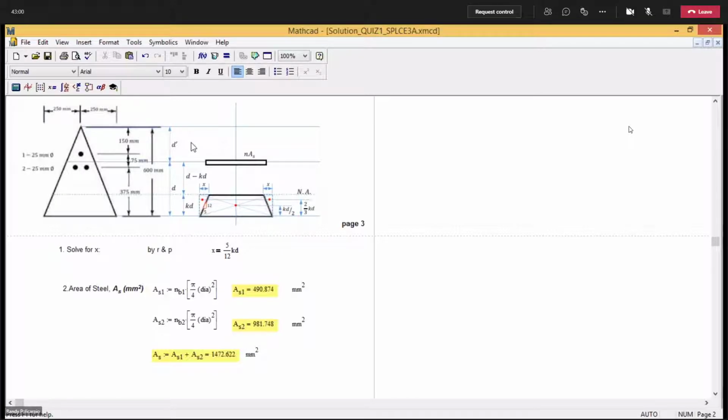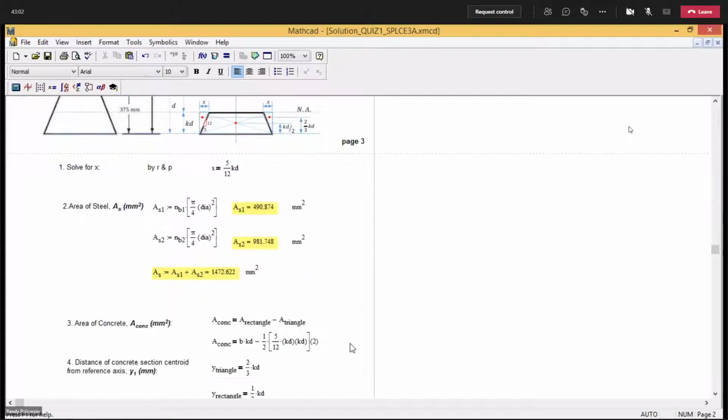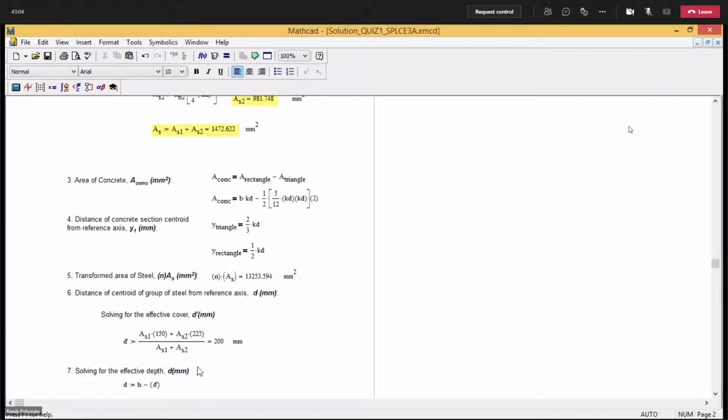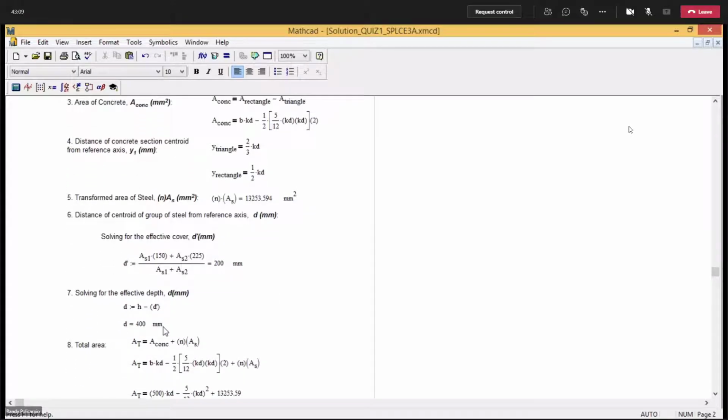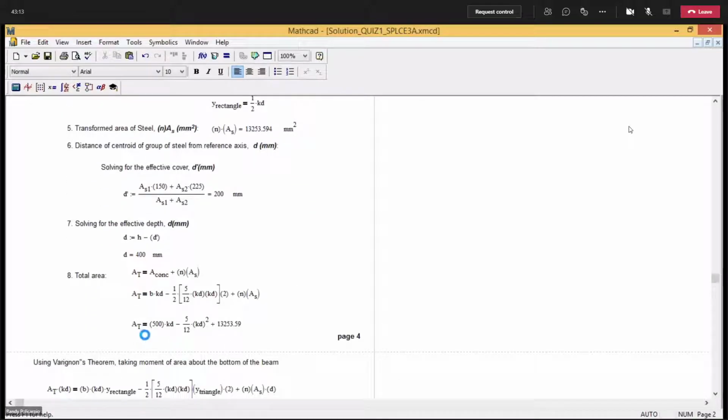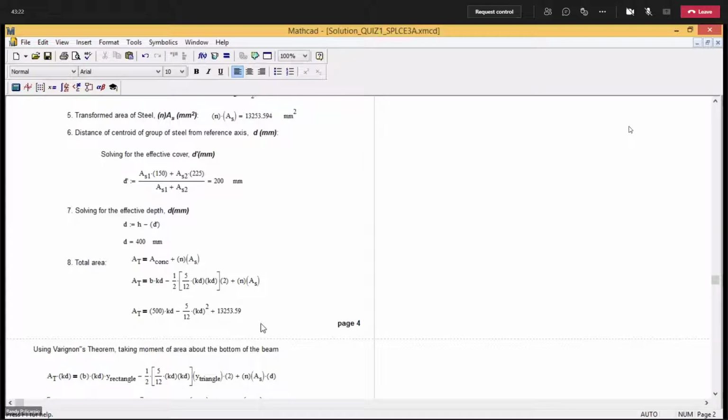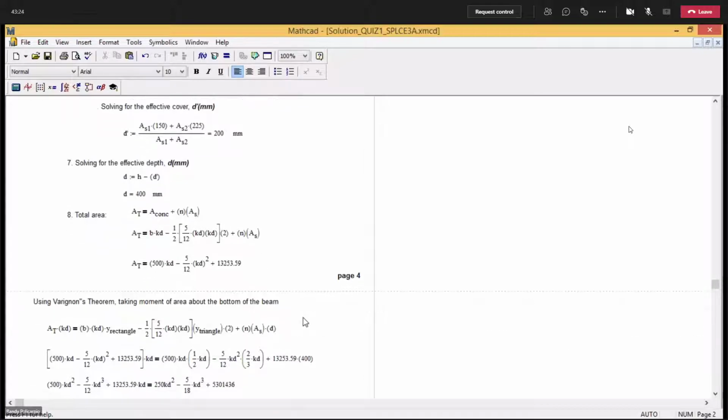So masosolve natin yung T prime. So ito ngayon yung T prime. Okay? And it is equal to 200, no? And then solving for the effective depth, it is equal to 400. Okay, total area. Okay, so we have concrete and the transformed area of the steel. So we have this resulting equation.